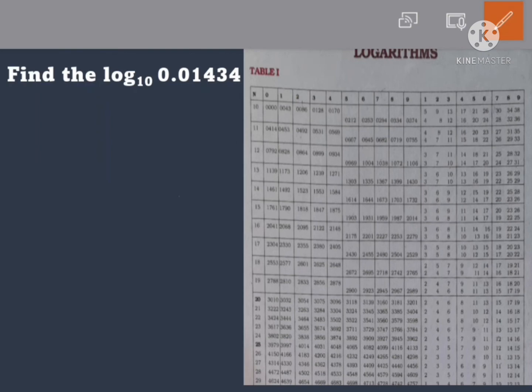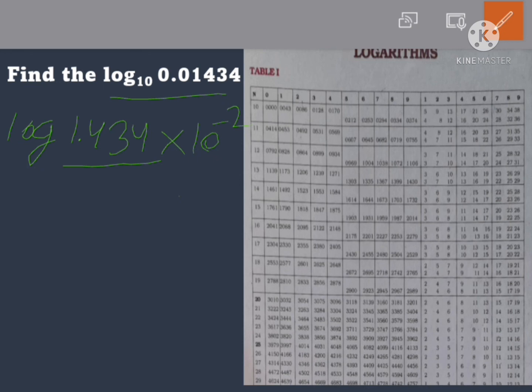So my other example is find the log of 0.01434. Firstly I have to write it as a multiple of 10. So I will get log of 1.434 into 10 raised to the power minus 2, and this value should be between 1 to 9.